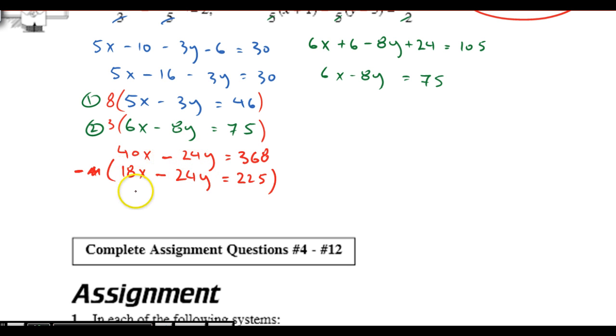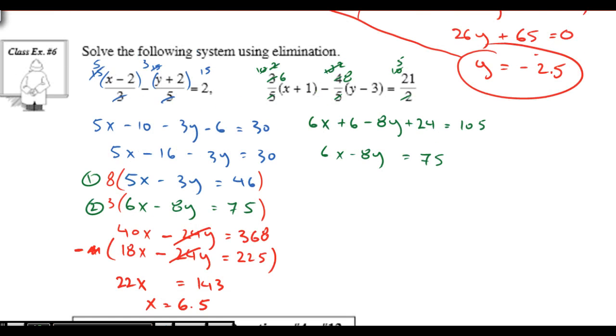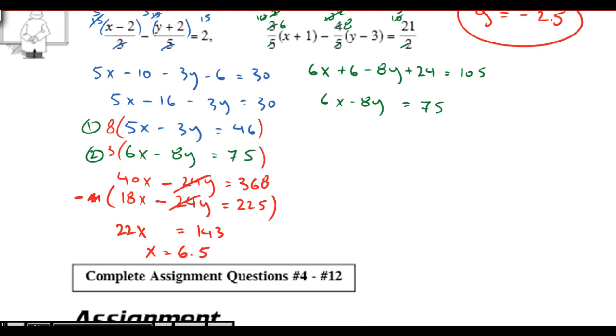So 40 minus 18 is going to give me 22x, and then negative 24 minus 24 is going to get rid of that, and then 368 minus 225 is going to get me 143, and then divide that by 22, x equals 6.5.